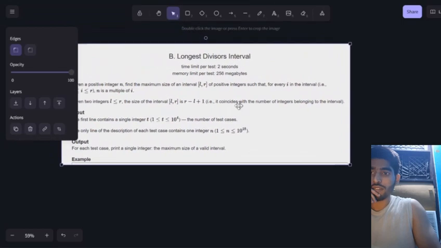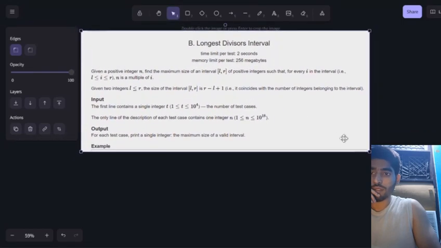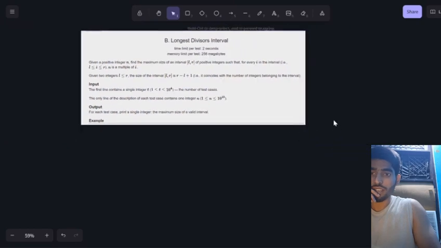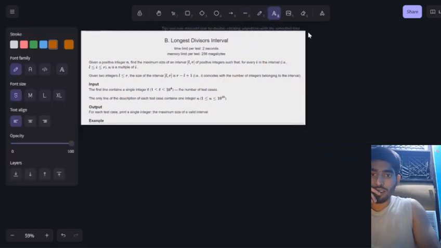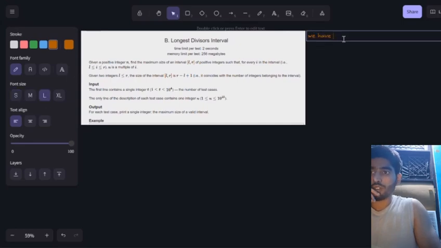and find the maximum size of an interval L and R of positive integers such that for every i in the interval L to R, n is a multiple of i.